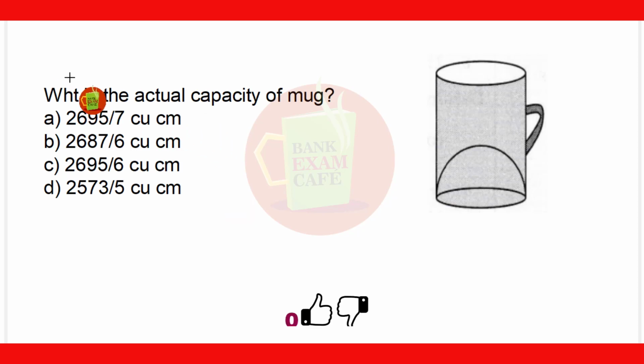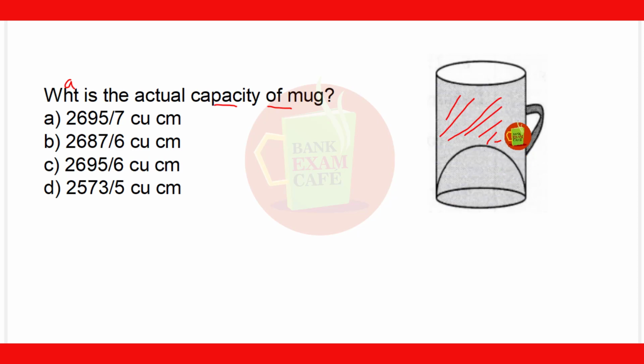The next question is on the screen, what is the actual capacity of the mug? We have seen in the previous question the actual capacity of the mug. That will be the volume of the cylinder minus the volume of the hemisphere, and that we get as 5/6 of 539.